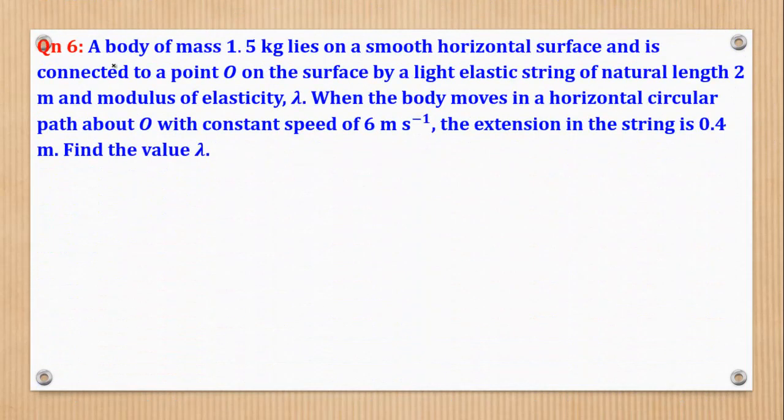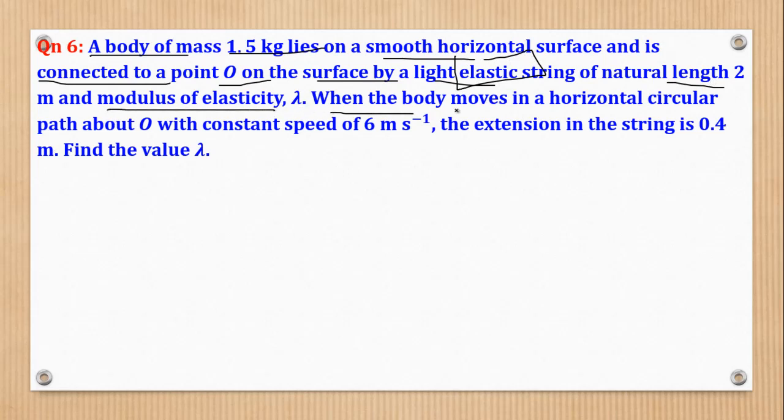Question 6 says, a body of mass 1.5 kilograms lies on a smooth horizontal surface and is connected to a point O on the surface by a light elastic string of natural length 2 meters and modulus of elasticity lambda.